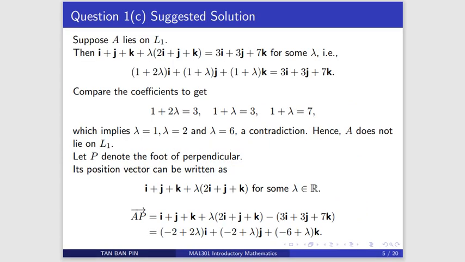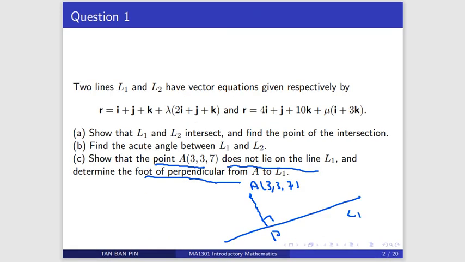To show the point A does not lie on L1, you can suppose the point (3, 3, 7) lies on L1. Then 3i plus 3j plus 7k should satisfy the equation of the line L1. The equation of line L1 is i plus j plus k plus lambda times (2i plus j plus k). So you just equate this to 3i plus 3j plus 7k.